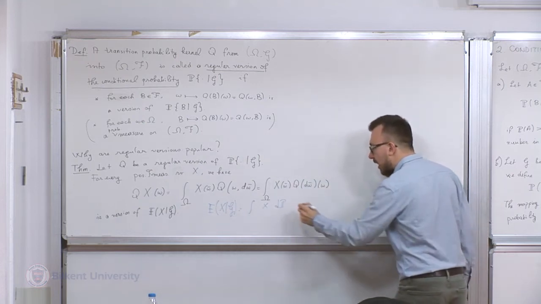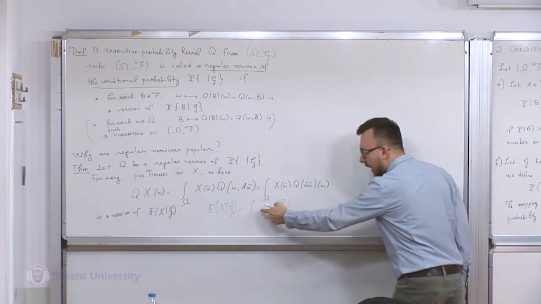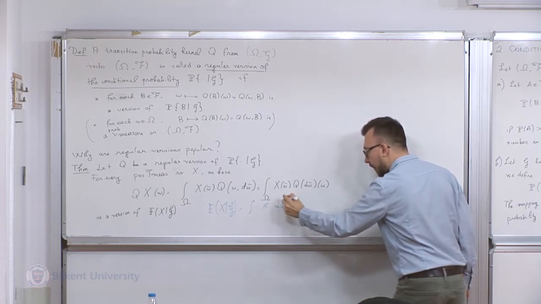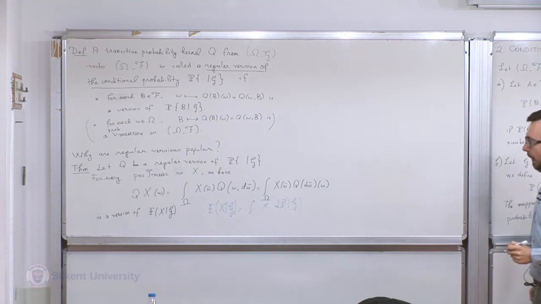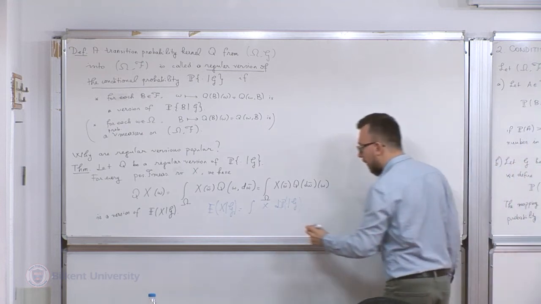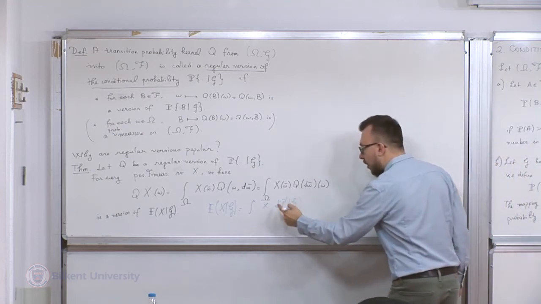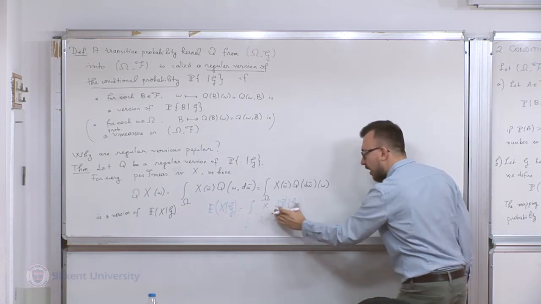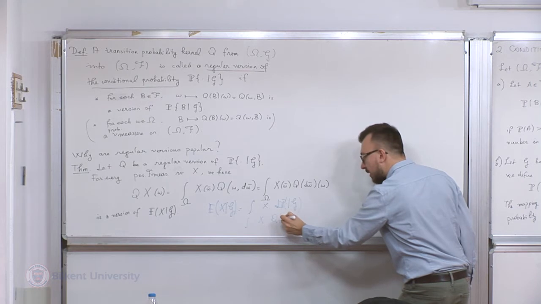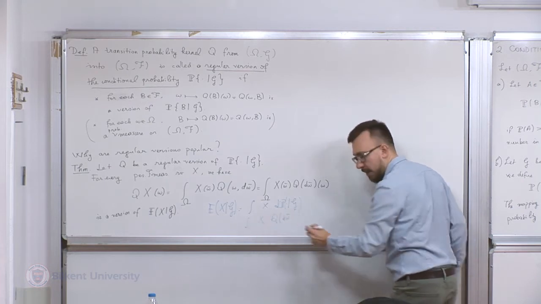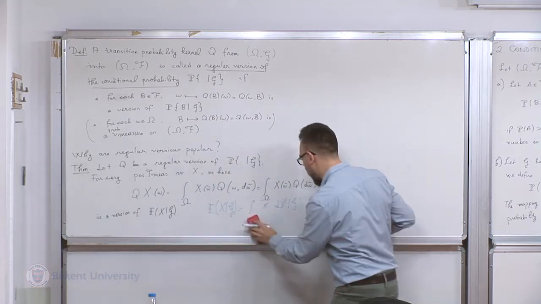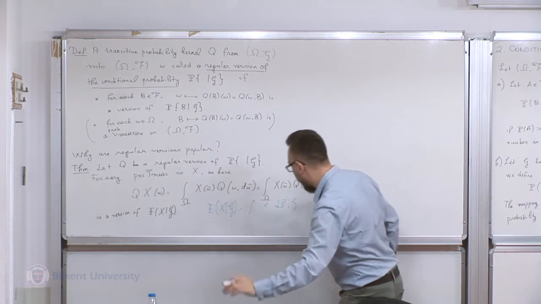It is X times conditional probability given G. So I really mean this, because Q is my conditional probability.